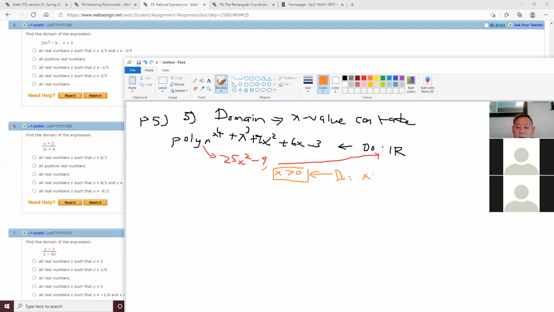And does anyone know the meaning when I say x is greater than 0? What numbers for x are greater than 0? Can it be a negative number? Is negative 3 greater than 0? No, it cannot be a negative number. So what numbers are greater than 0?